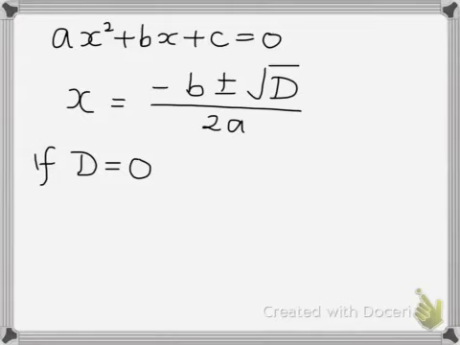So the root is just minus b over 2a. Actually it is one root. But hey, this is a quadratic equation. Because it is x squared, you must have two roots. But now what we're saying is that these two roots happen to be the same.